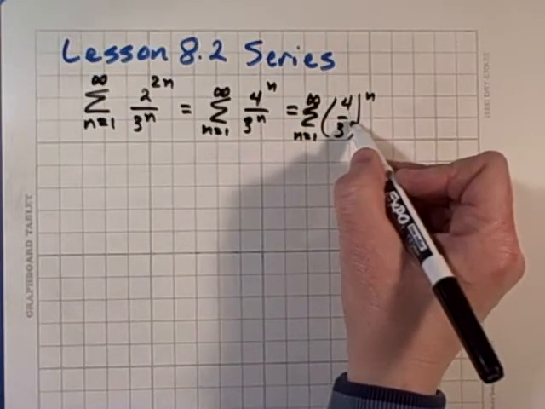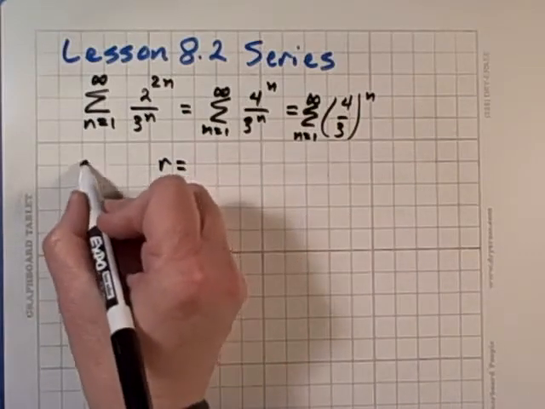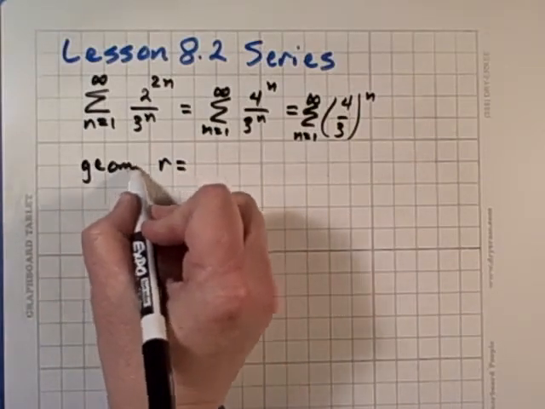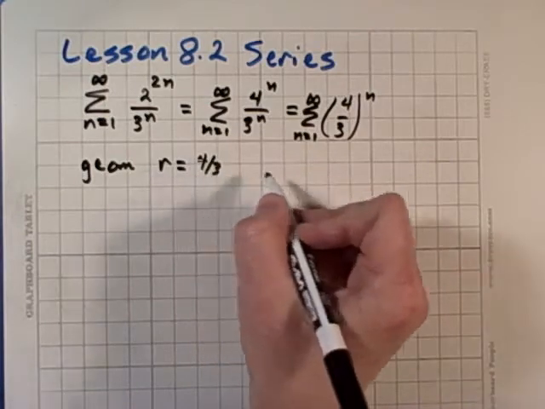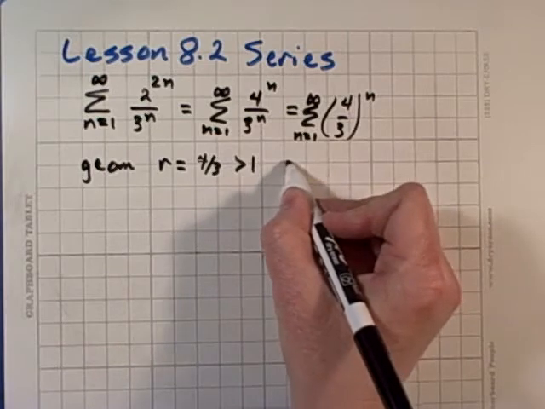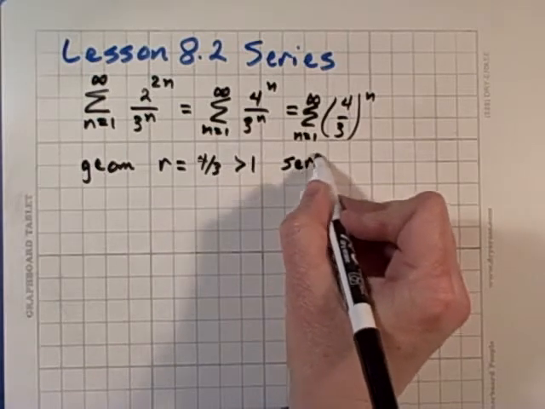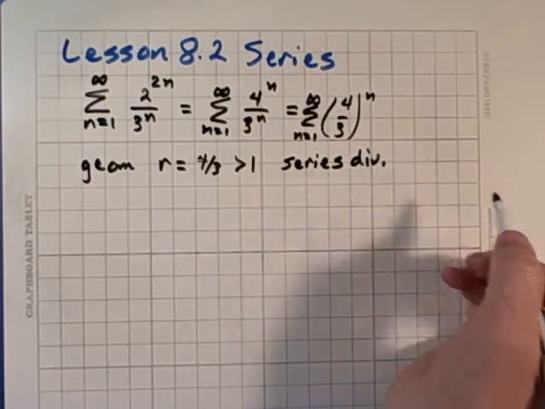In fact, it's 4/3, and therefore it would diverge. So we point out that it's geometric. The common ratio is 4/3. And of course that's bigger than 1, and so the series diverges. We are not able to get its sum.